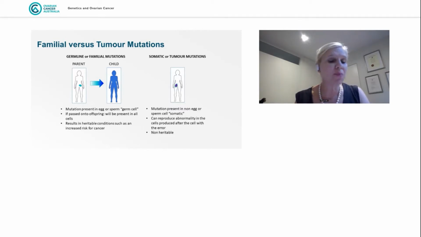And this results in heritable conditions such as an increased risk for cancer, in particular ovarian cancer we're focusing on here tonight. Somatic or tumour mutations are present within the tumour cells themselves. They can reproduce the abnormality within the cells within the tumour, but they are not heritable from generation to generation.